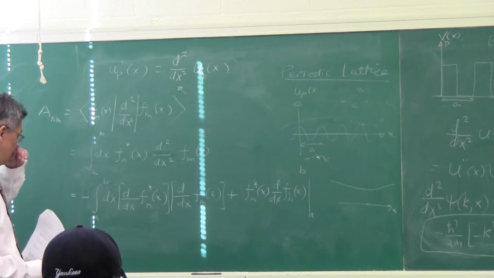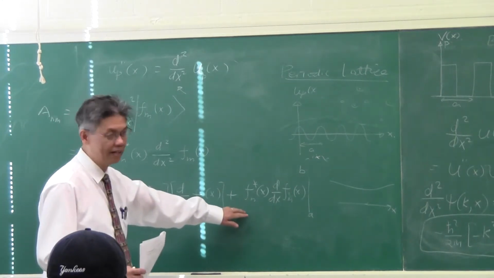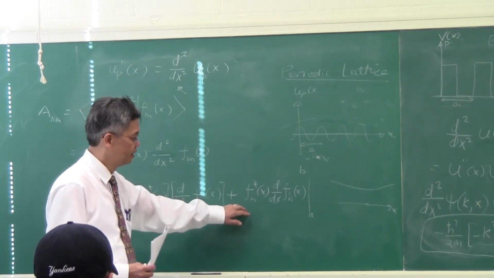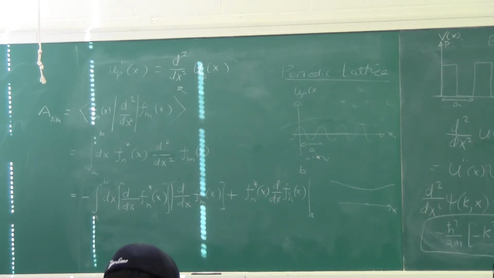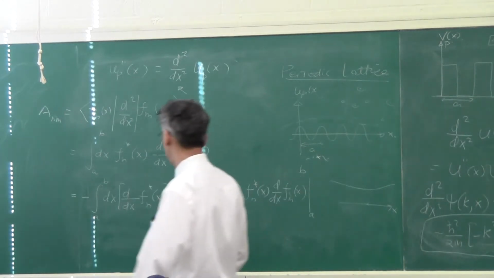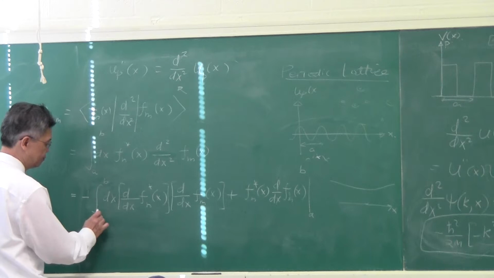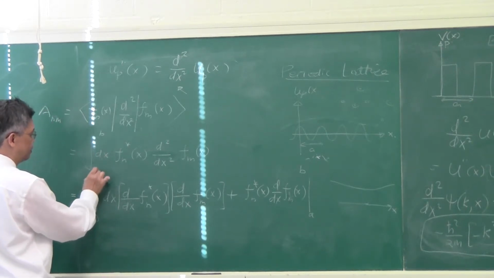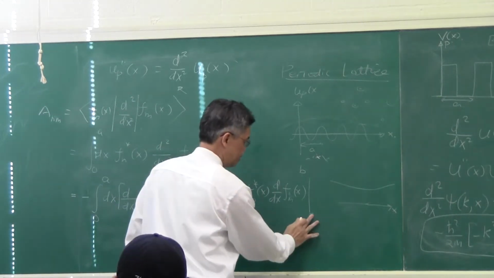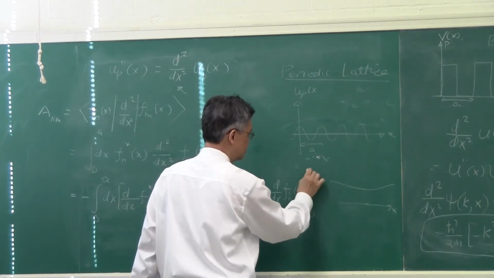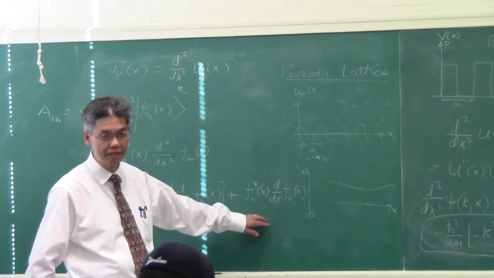This term can be made to vanish in a number of ways. If the basis functions are subdomain basis functions, then when you integrate over an interval for which they are zero, the term vanishes. If I pick this integration interval to be from 0 to a, to be more general for the periodic function, the term can be made to vanish by a number of means.